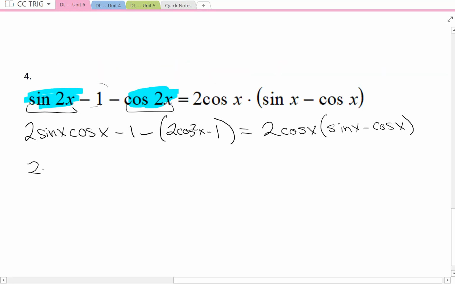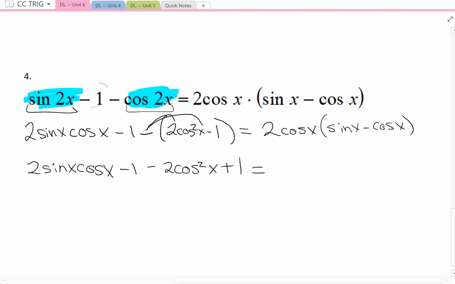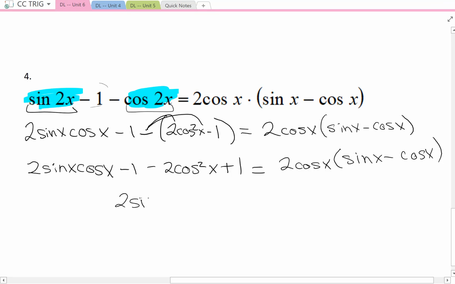Let's distribute the left side. 2 sine x cosine x minus 1. Distribute this. Negative 2 cosine squared x plus 1. At this point, we have a negative 1 and a positive 1. That becomes 0, so you have 2 sine x cosine x minus 2 cosine squared x.